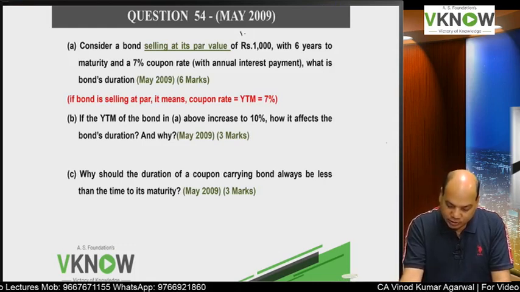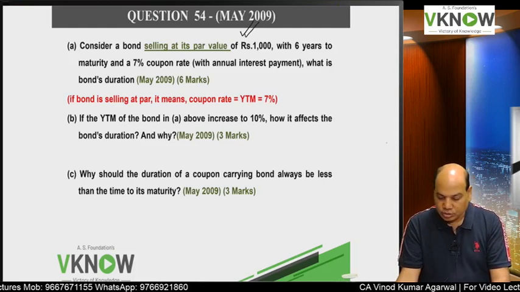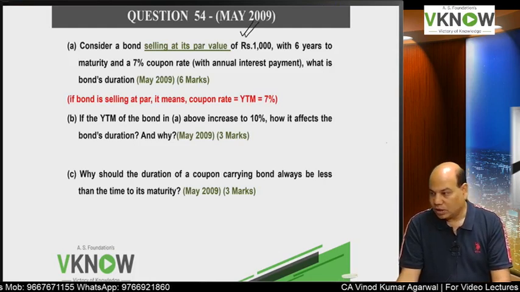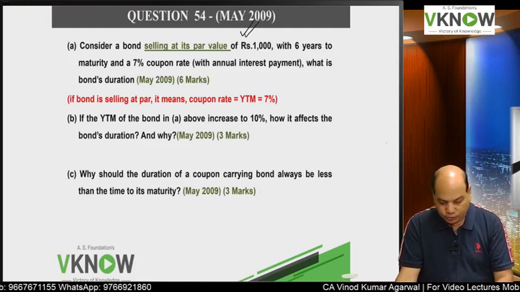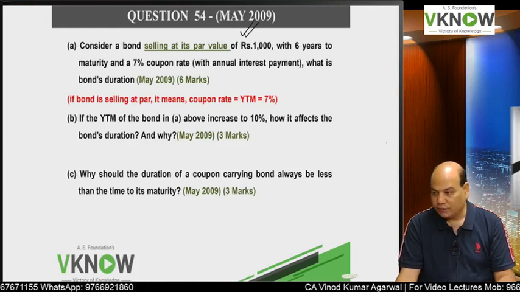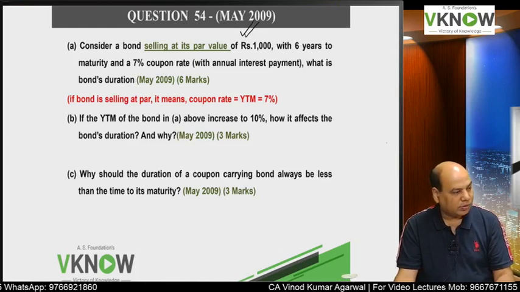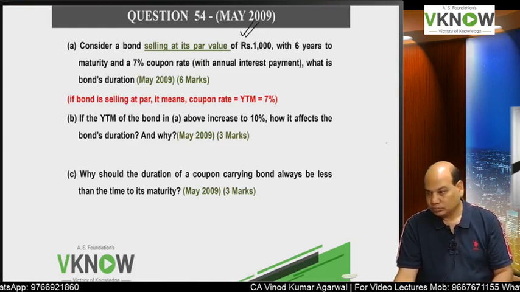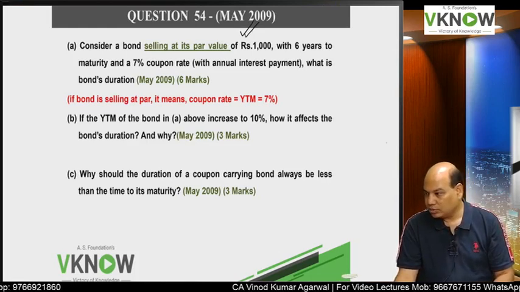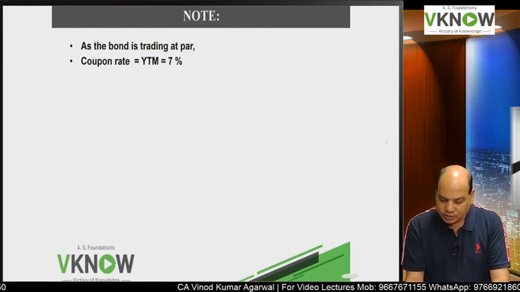Now we'll again take one exam question on the same topic, duration, asked in May 2004 exam, question number 54. Just below that, question number 54. Consider a bond selling at its par value of rupees.